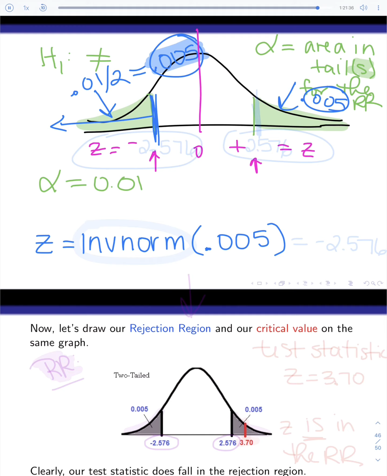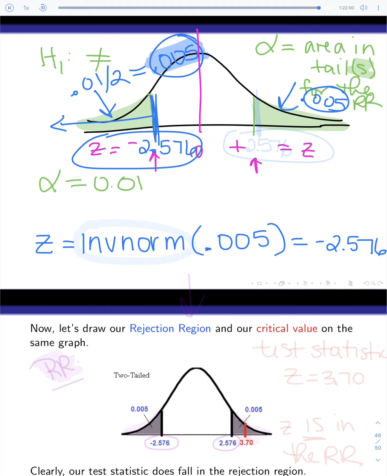So you'll go ahead and go to your inverse norm in your calculator and type in 0.005. And what you'll get is a negative 2.576. And that's what we expected. So that's the value that we're going to get on this left tail, negative 2.576.